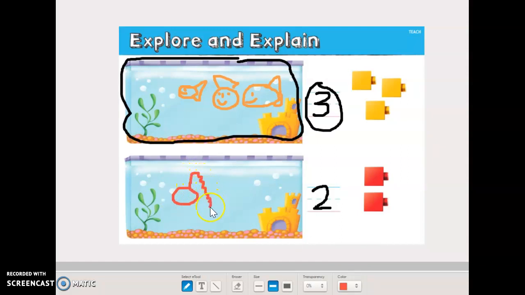This guy's going to have a tail that's all zigzagged. And another fish.